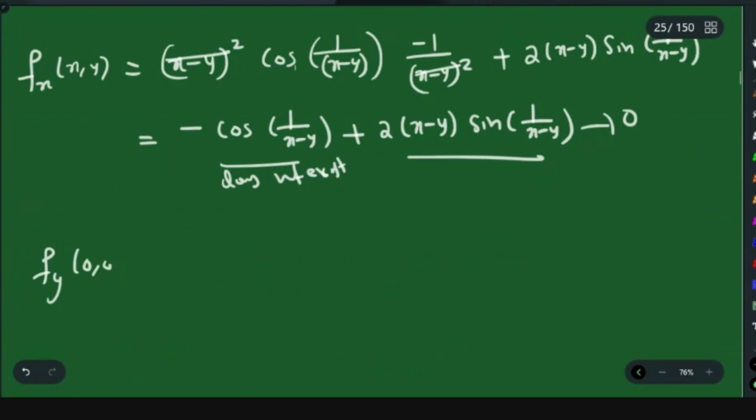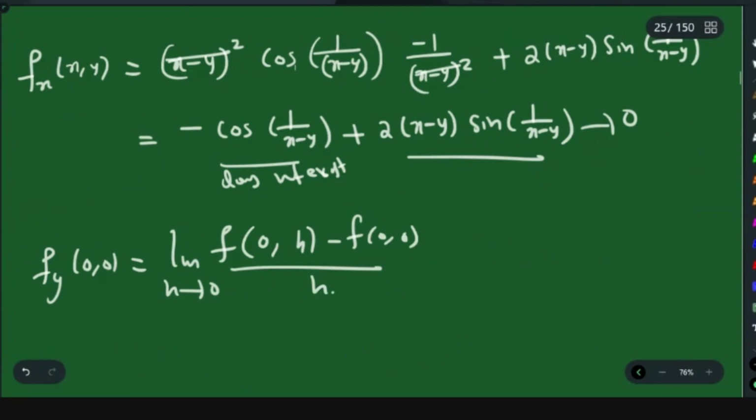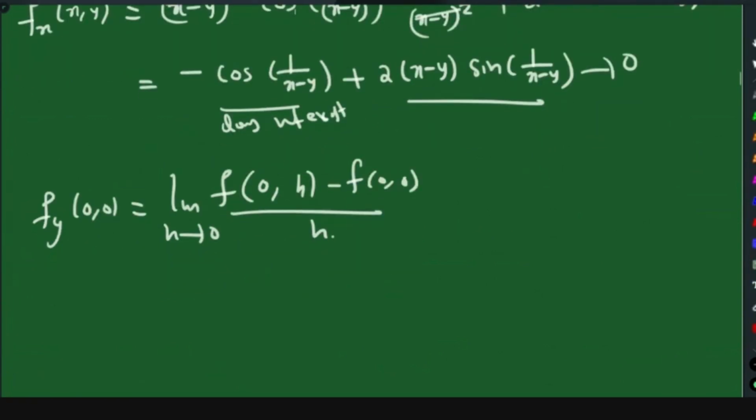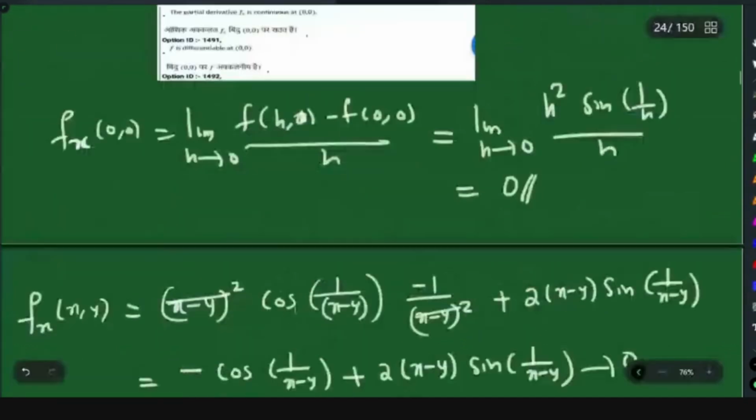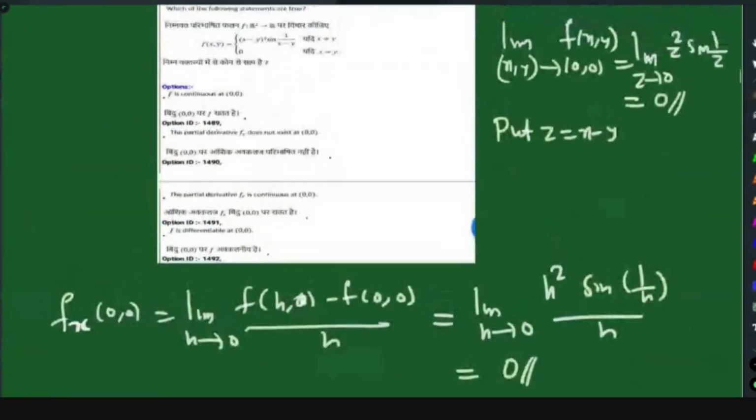fy at (0, 0) is limit h tends to 0, f of (0, h) minus f of (0, 0), divided by h. So what is f of (0, h)? Wherever x is there, you put h.